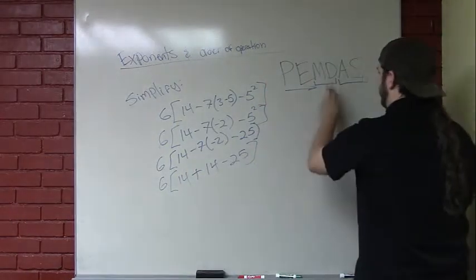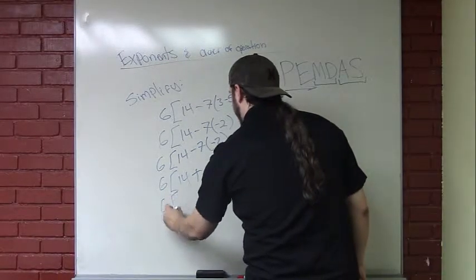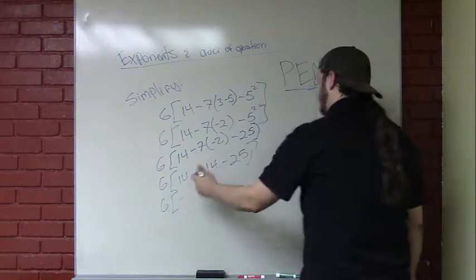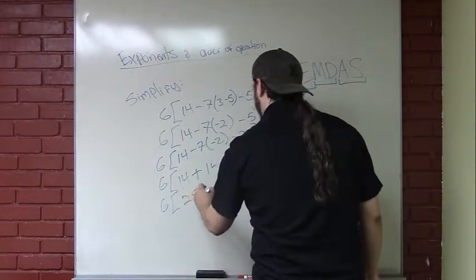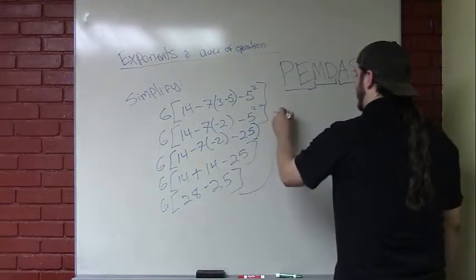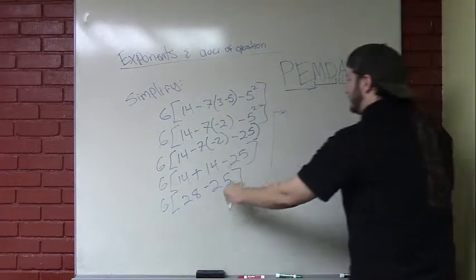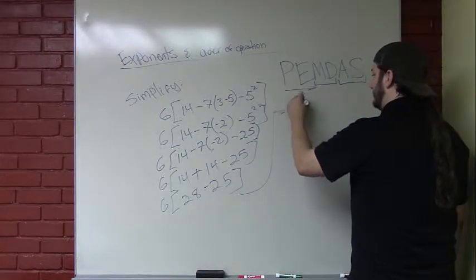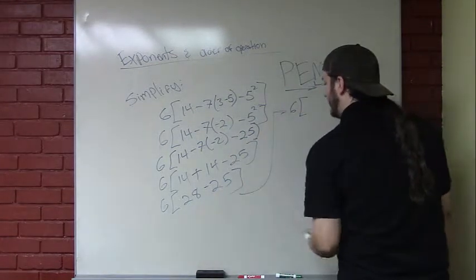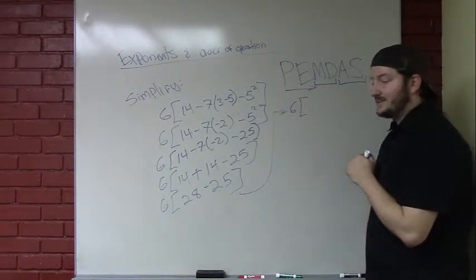So now you're just gonna add or subtract. We still got our 6 out here. 14 plus 14 is 28 minus 25. So now we got to deal with this 28 minus 25. You got 6, bracket, 28 minus 25 is, you guys know the answer?